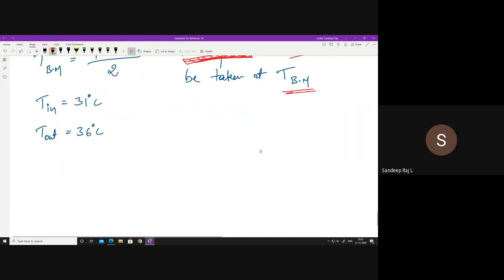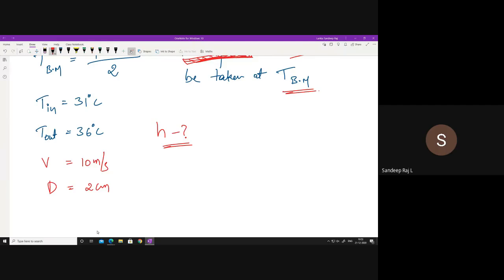So then he'll be giving you the velocity also. The velocity, let me say it is 10 meters per second, and the diameter of the tube is, let me say, 2 centimeters. So this data is given to you, and he is asking you to find out the H value. How do you calculate this H value?